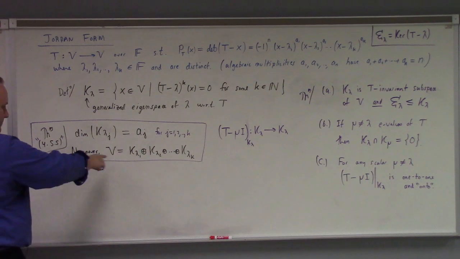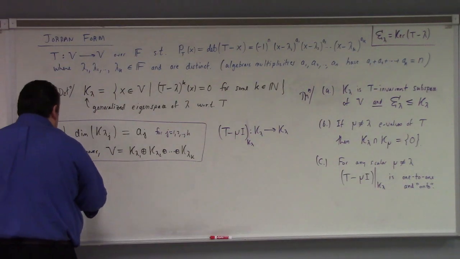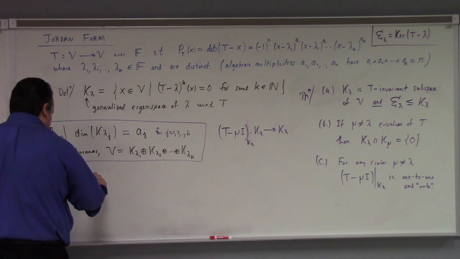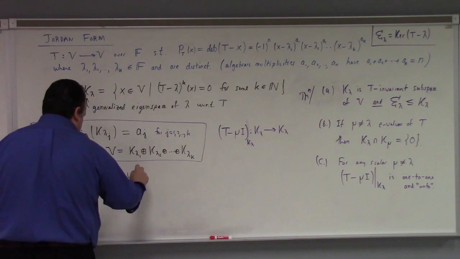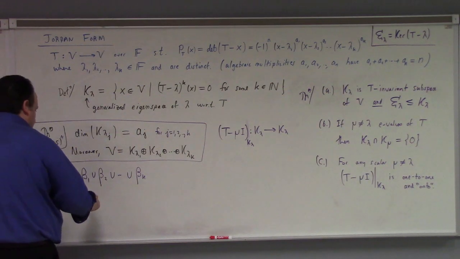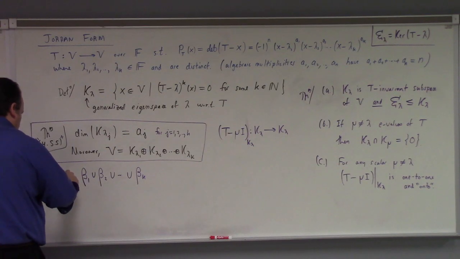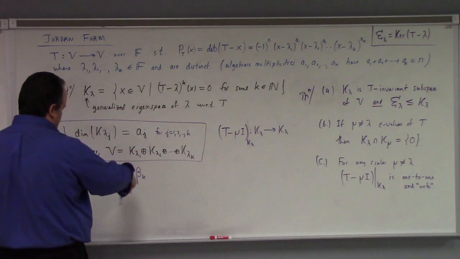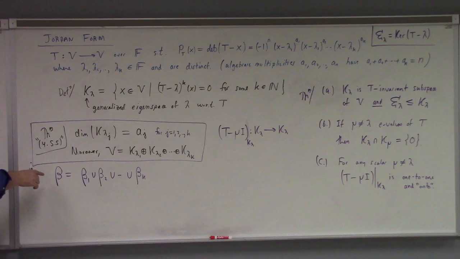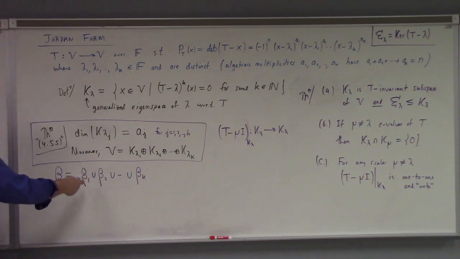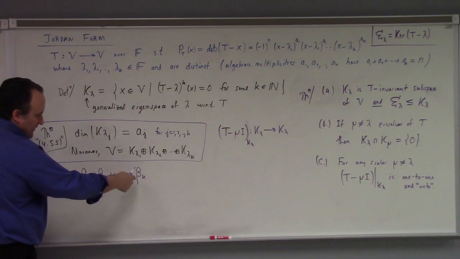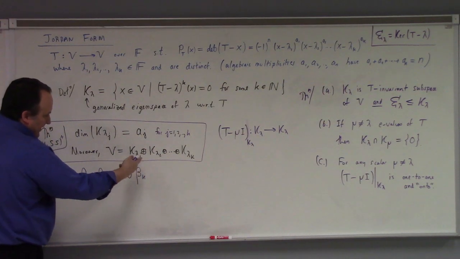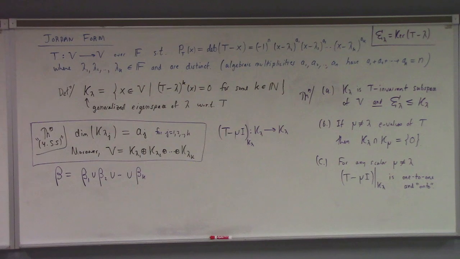So part and parcel of this is you have basis 1, basis 2, union, basis k, corresponding to this, right? The beta 1 is a set of generalized eigenvectors for eigenvalue 1, and then generalized eigenvectors for eigenvalue 2, and all the way out to generalized eigenvectors for the kth eigenvalue, all right?